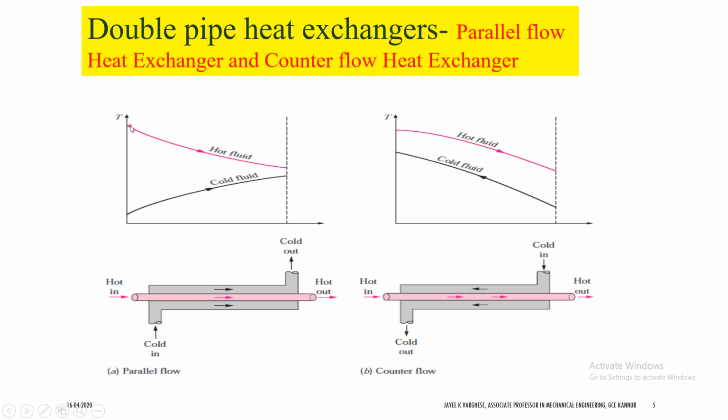So hot fluid temperature decreases and it exits at a lower temperature at the outlet, whereas the cold fluid enters at a very low temperature, receives heat from the hot fluid and leaves at a comparatively higher temperature. So this is typically the variation of temperatures of the hot fluid and cold fluid in parallel flow heat exchanger.